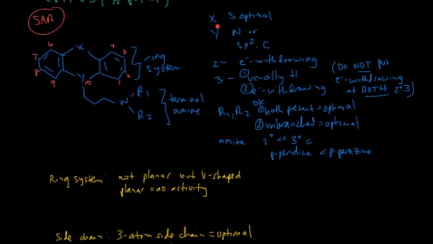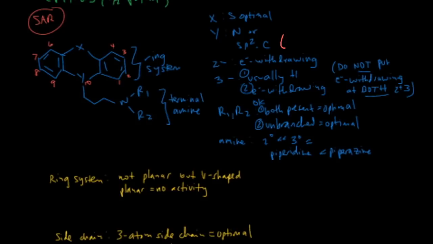So your X over here, sulfur is optimal, not optional, optimal. Y over here has to be a nitrogen or an sp2 hybridized carbon. Ooh, review from the last video. What are examples of sp2 hybridized carbon groups?